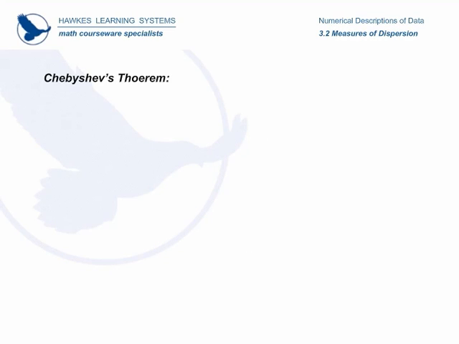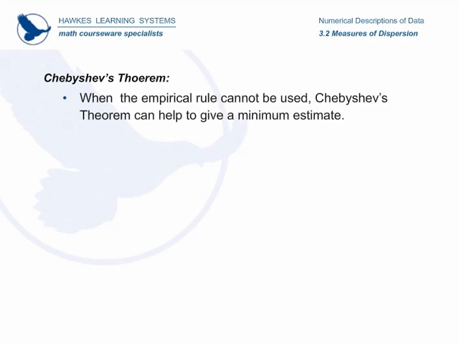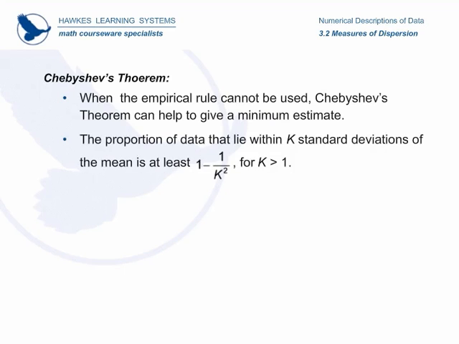Next, let's take a look at Chebyshev's theorem as another measure of dispersion. When the empirical rule cannot be used, Chebyshev's theorem can help to give a minimum estimate, perhaps because the data, once it's plotted using a histogram, isn't in a bell-shaped curve. And so we would turn to Chebyshev's.